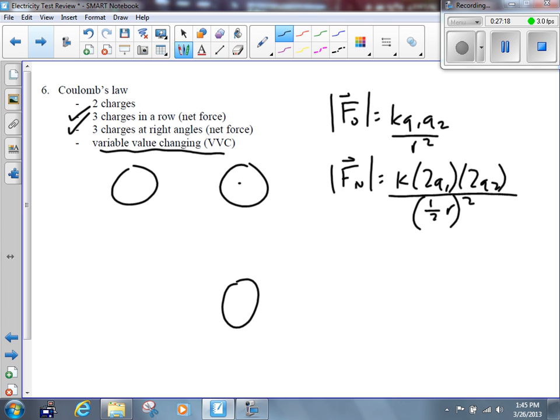Don't forget to square the entire distance, which is half R. Pull the 2 and the 2 out front, it becomes 4. Pull the half squared out front, it becomes 1/4. 4 over 1/4 is 16.